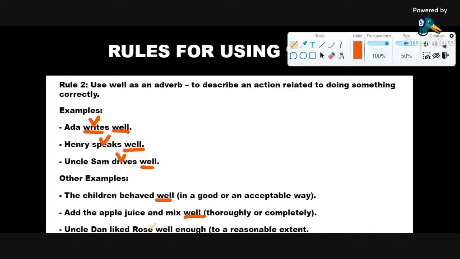Uncle Dan liked Rose well enough. Well enough here means to a reasonable extent. Uncle Dan liked Rose to a reasonable extent.